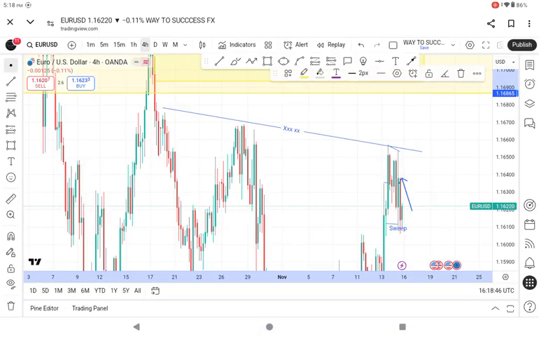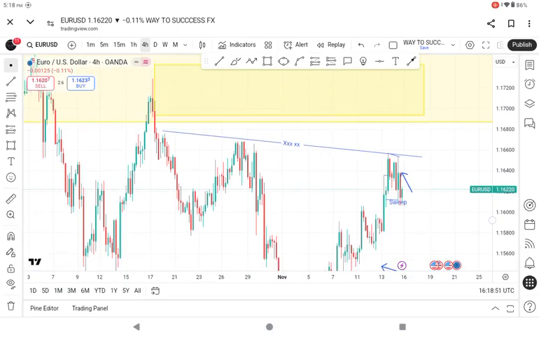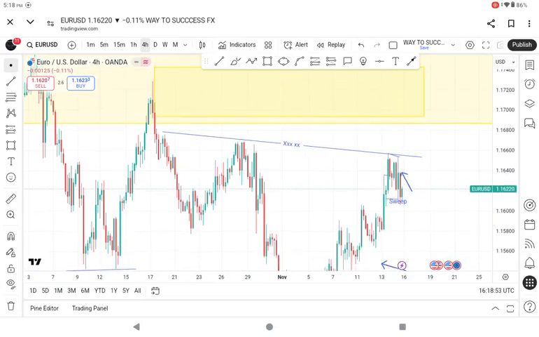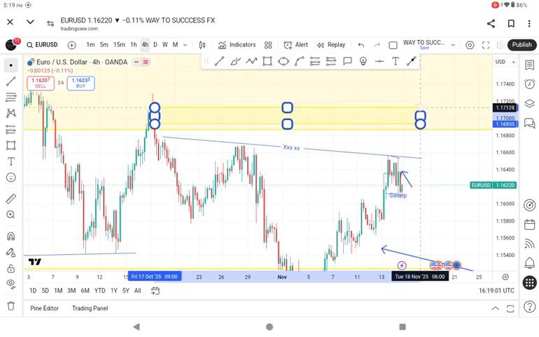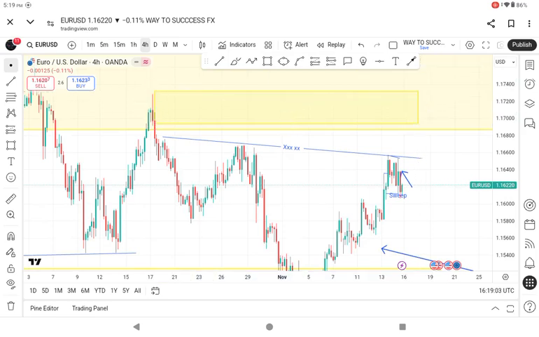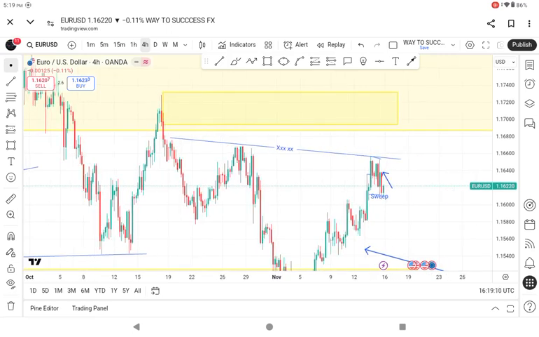And my last target, due to the fact that I'm anticipating continuation to the upside, is going to be for price to break above this other block here in H4. So that's my plan going into next week. Let's see how it goes, guys.